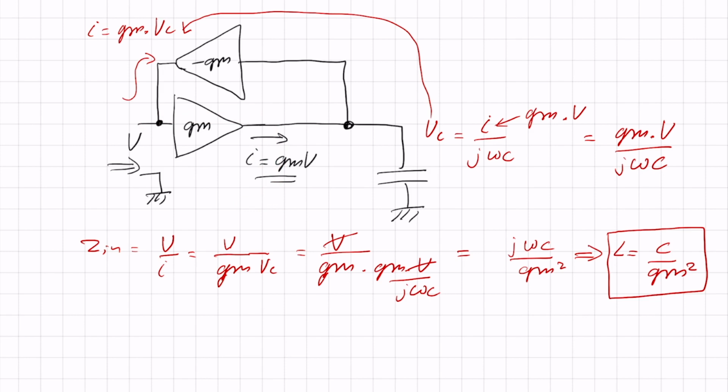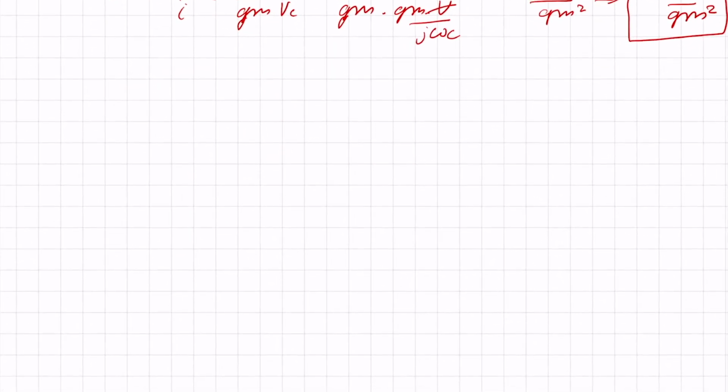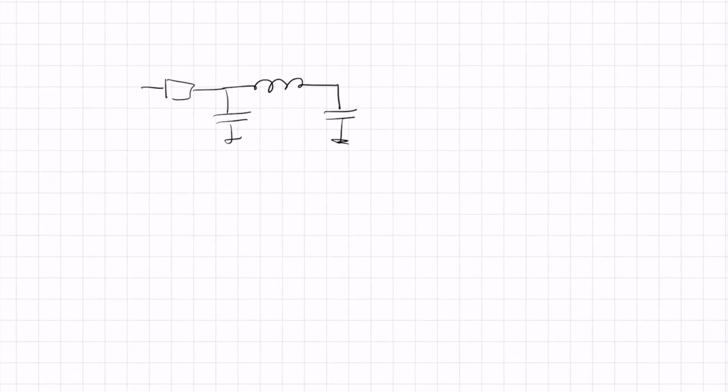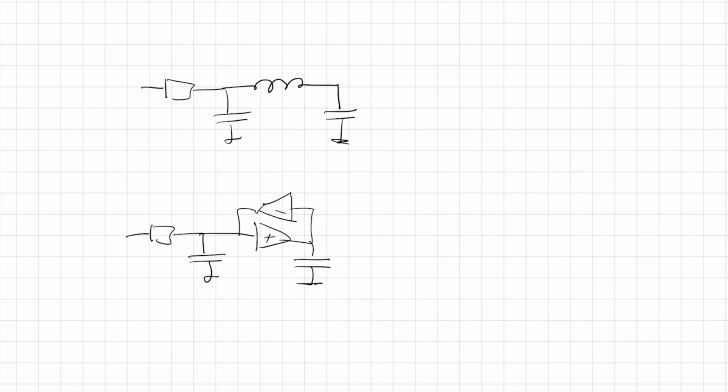But in the filter I wanted to make, I have more like a floating inductor. So what I would like to make is this circuit. Well, that's also possible. I can do it like this. I can say, let's take that resistor, take a capacitor, I take my two GMs with one plus and one minus that make it look like a grounded inductor.